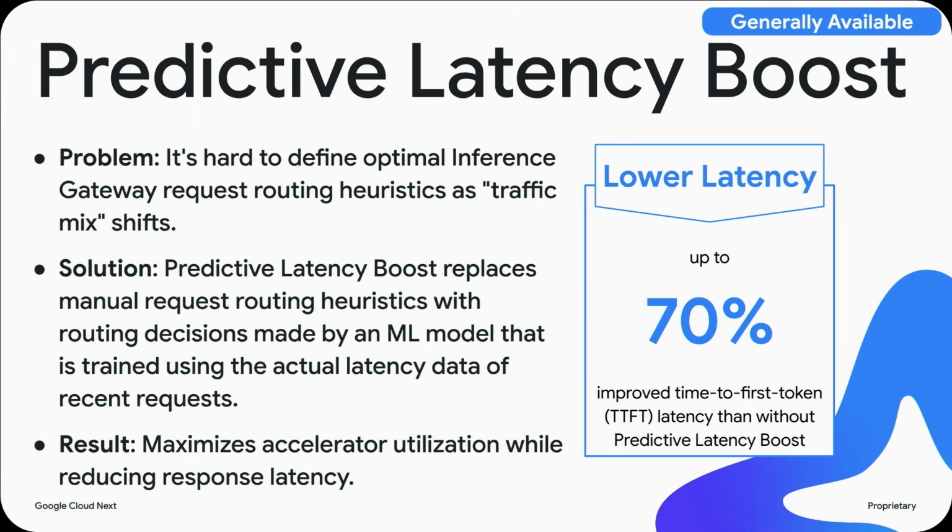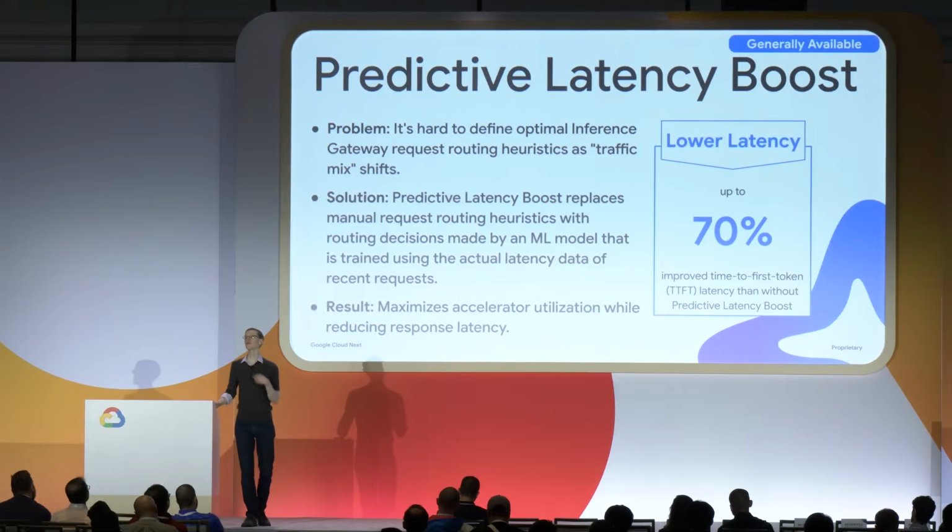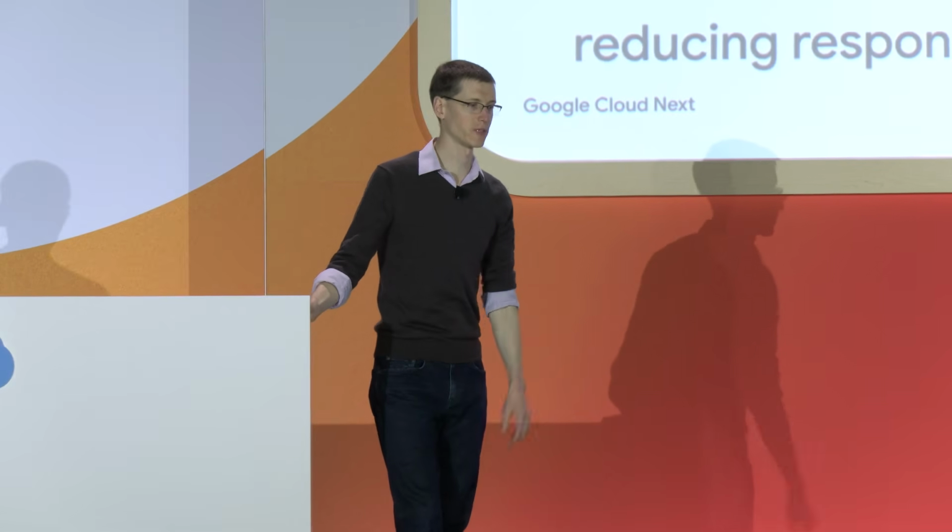And so rather than relying upon heuristics, we now can rely upon a trained ML model that gets continuously updated. And the result of this is you get about a 70% reduction in time to first token latency above and beyond what Inference Gateway already provided to you. Huge improvement for latency-sensitive applications.